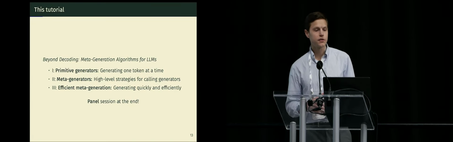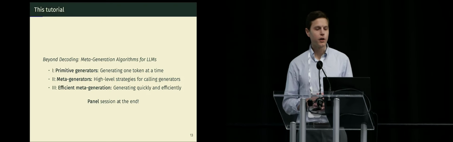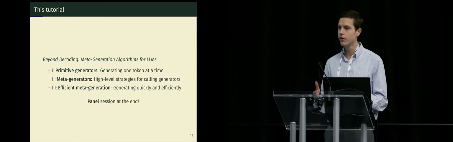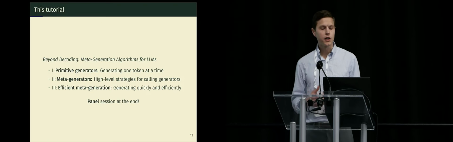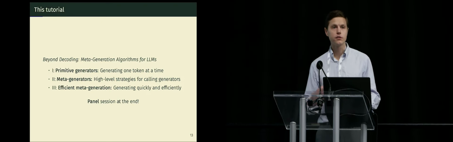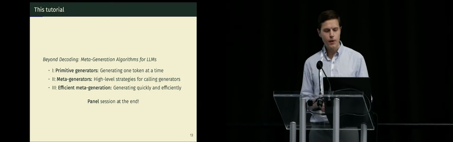So the tutorial is structured into three different parts. In the first part, we'll go over primitive generators, so how you just generate one sequence from a language model. Then we'll talk about these higher level meta-generation strategies for calling generators multiple times and incorporating external information.